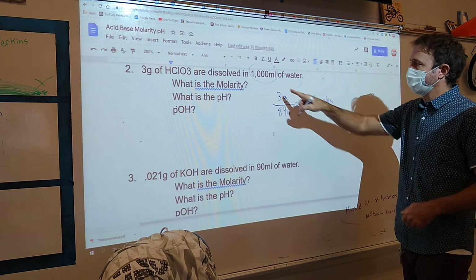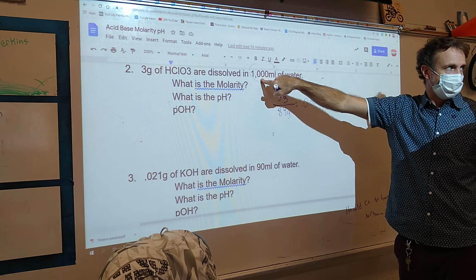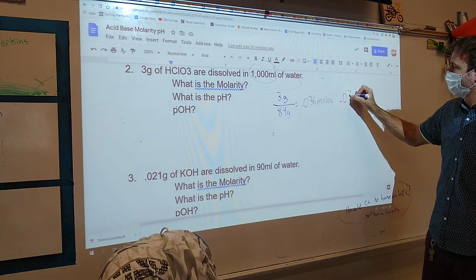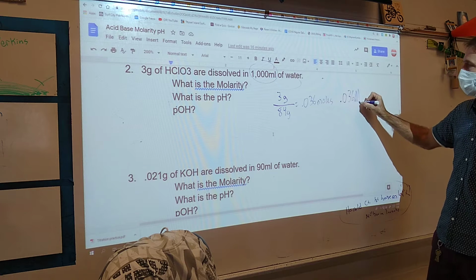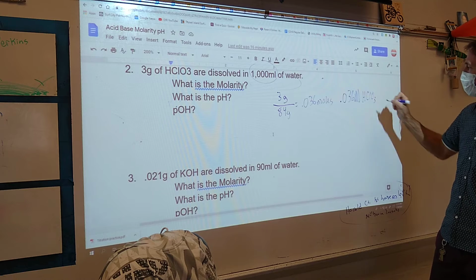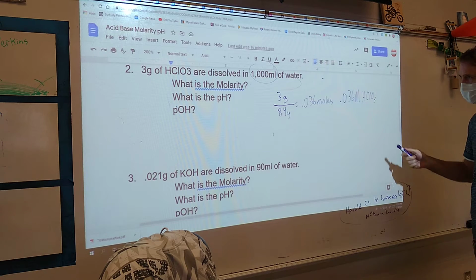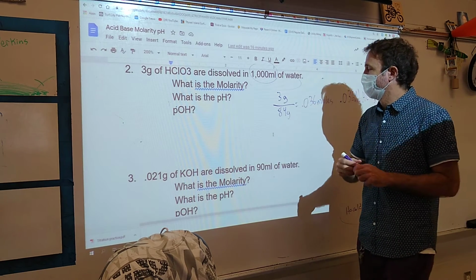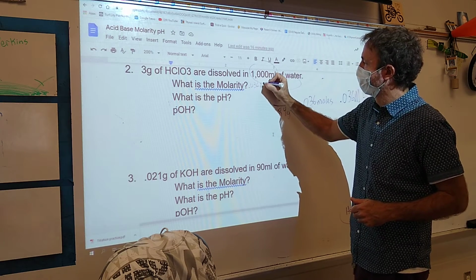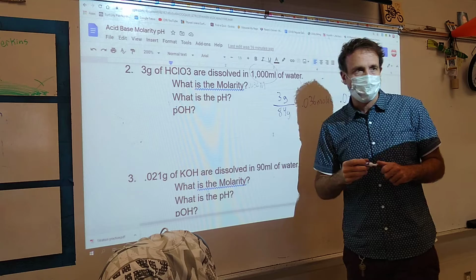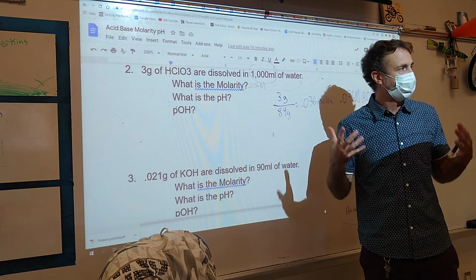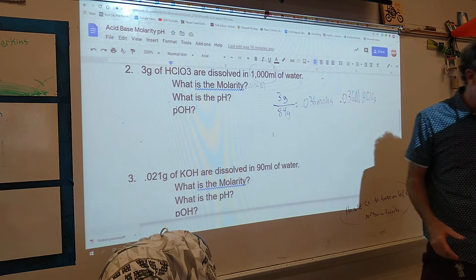And since it's dissolved in 1,000 milliliters of water, we just know that's 0.036 molar acid, HClO3. What is the molarity? 0.036 molar. What is the pH? The pH is the negative log of the molarity.